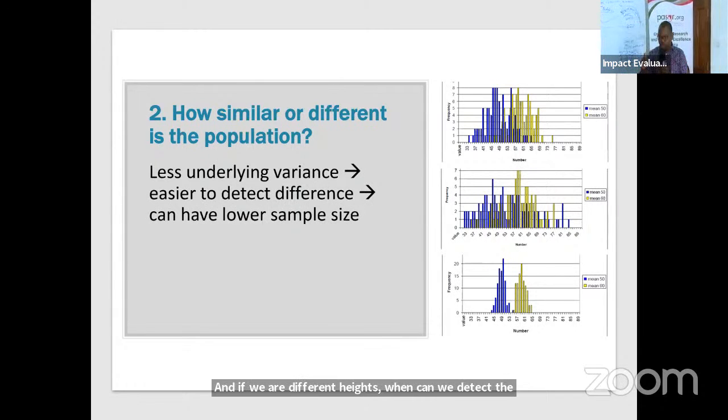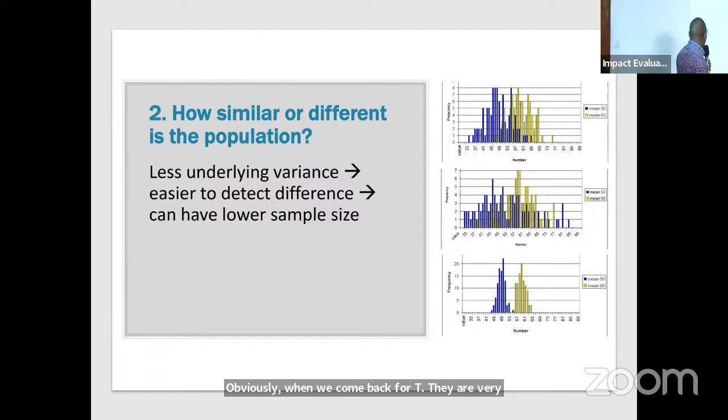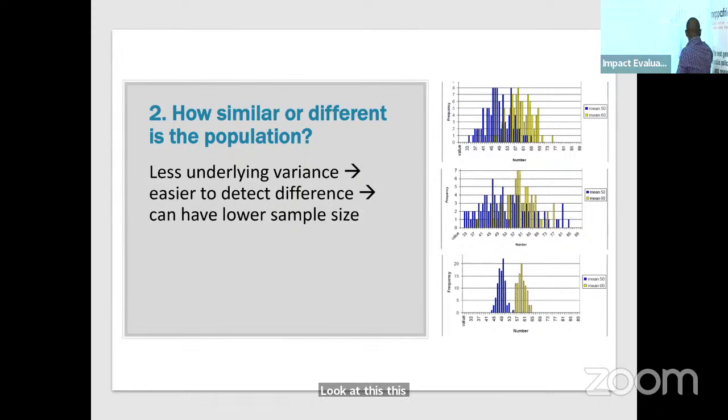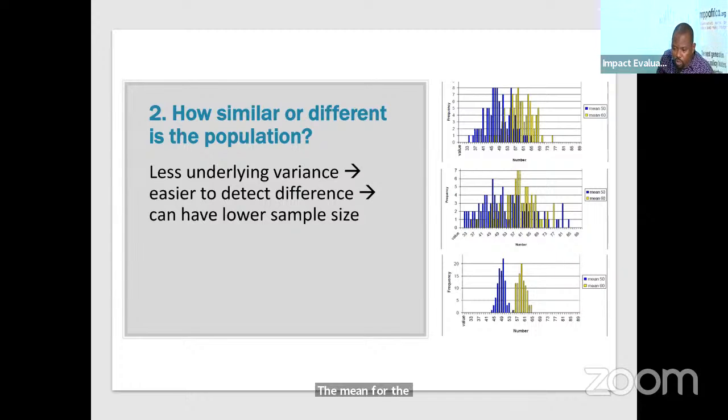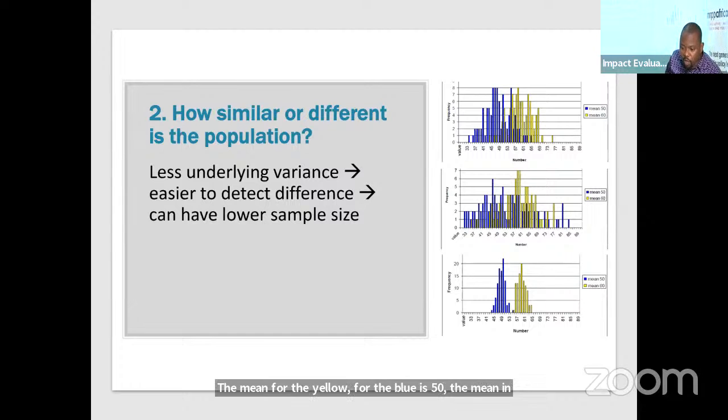I will see. When we come back from tea, there are very interesting photos that I want you to make sense of. So here you see you have three distributions. The first distribution, the second distribution, the third distribution. Look at this. The mean for the blue is 50. The mean in each of the distributions, the mean for the yellow is 60, for each of the three graphs.